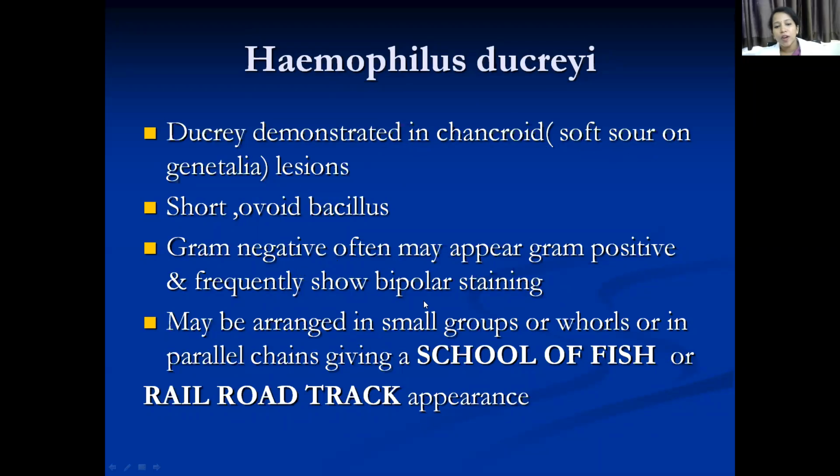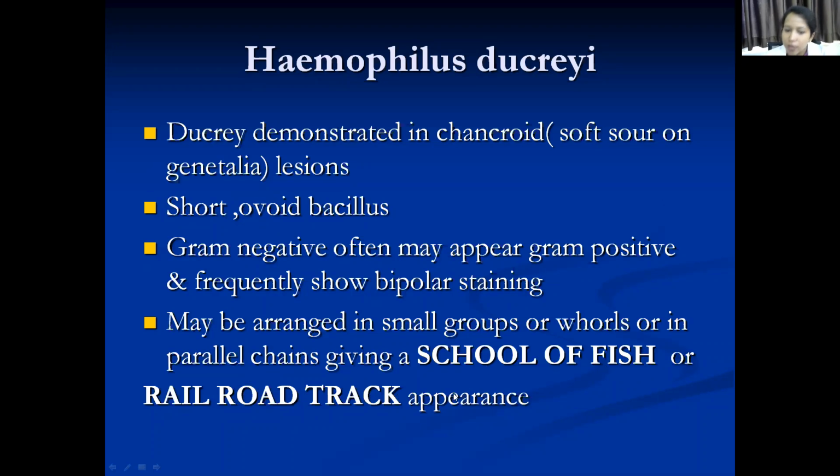They show bipolar staining, and the bacilli are arranged in small groups with parallel chains, which look like a school of fish. A group of fish is known as a school of fish. So they look like a school of fish or a railroad track appearance.